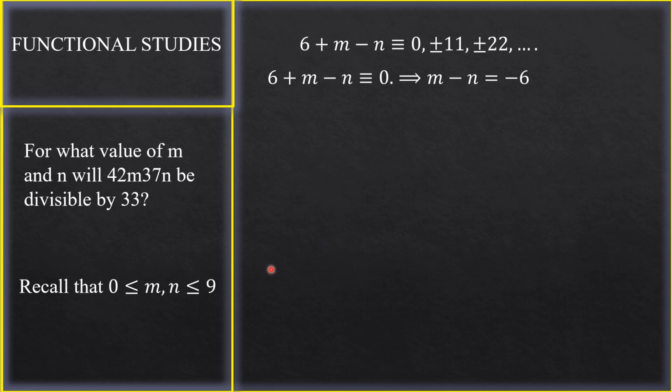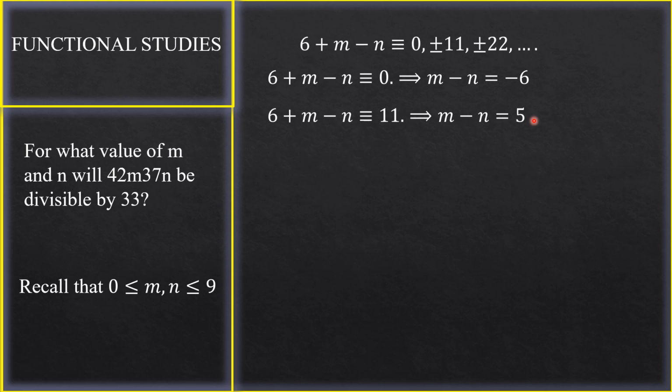So in that case, we can have another possibility: 6 plus m minus n can also be equal to positive 11. So m minus n can also be equal to 5. That's another possibility. Now, can the number be 22? Let's see. Negative 6 plus 22 is equal to what?